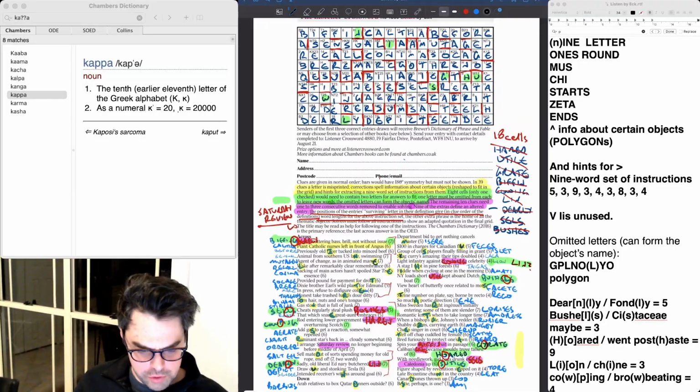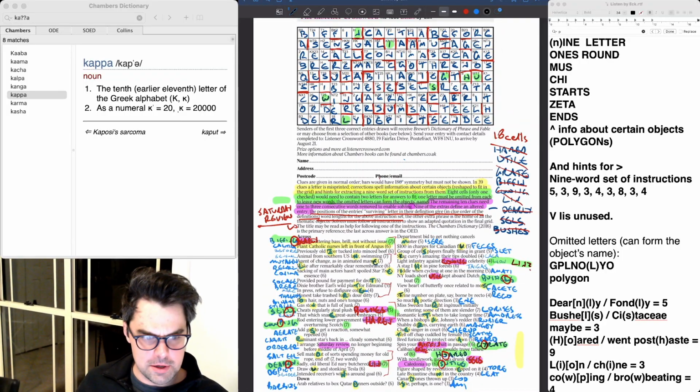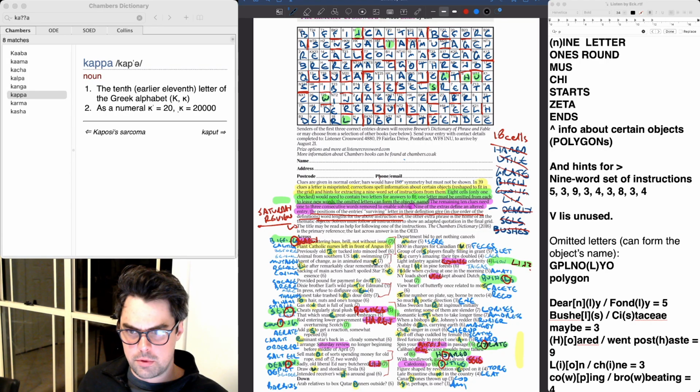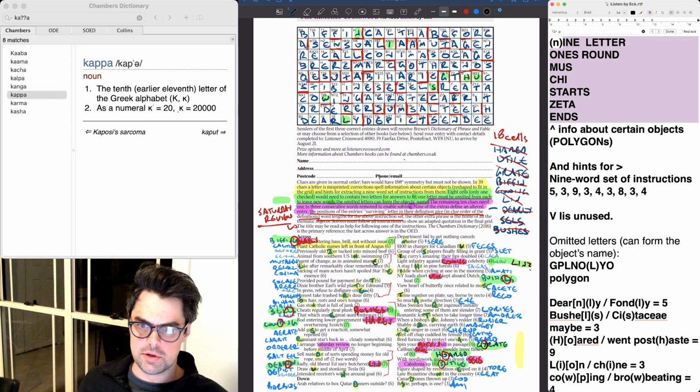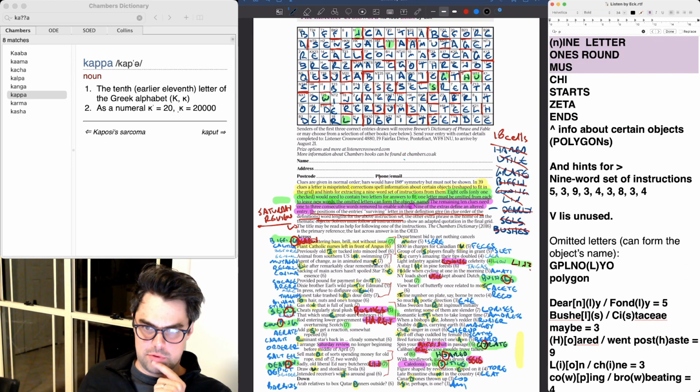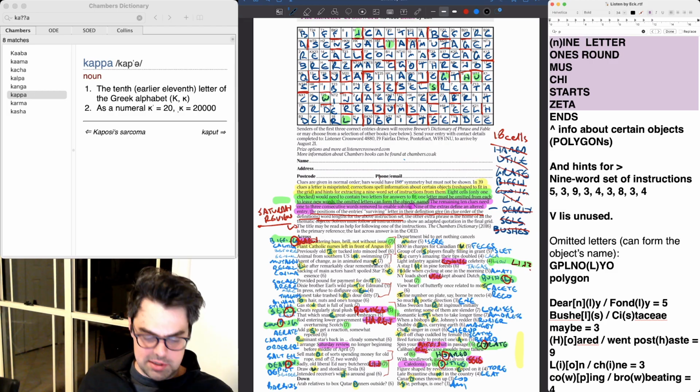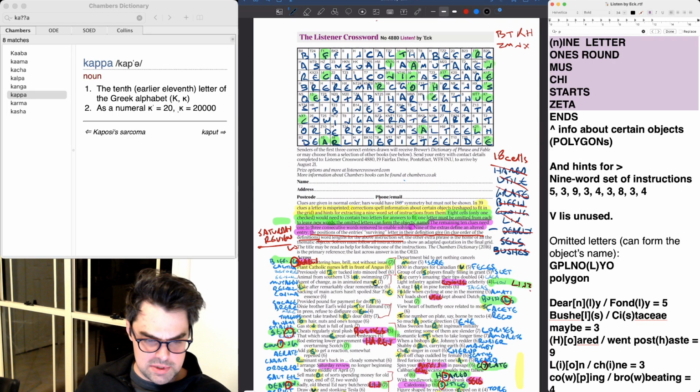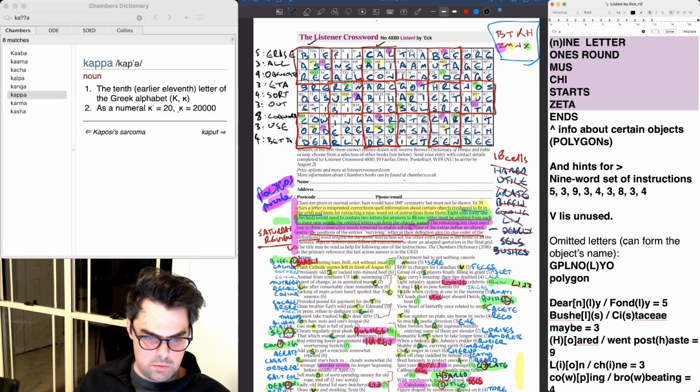We've solved all the clues, and then when we solved all of the clues, we took the corrections from the 39 clues which had misprints, which spell out 9-letter ones: Mu, Chi starts, Zeta ends.